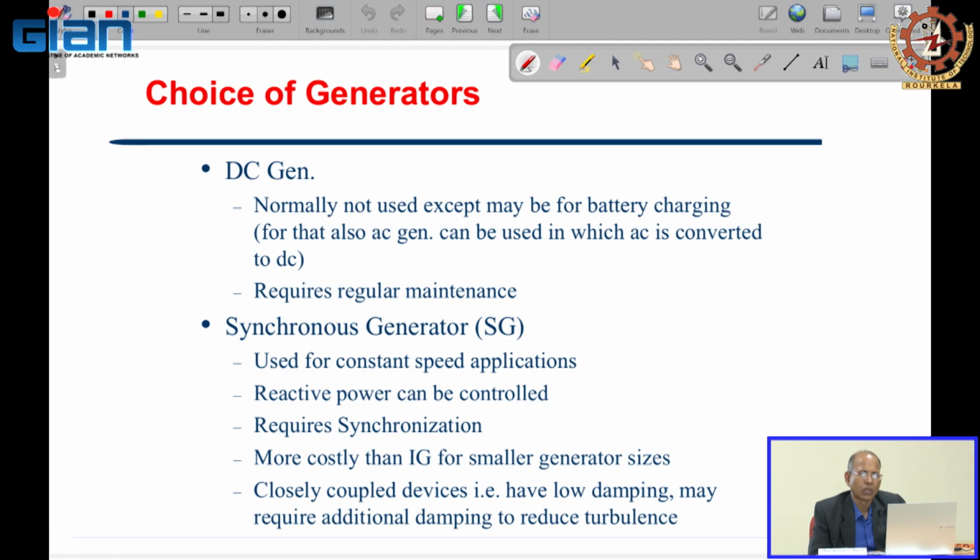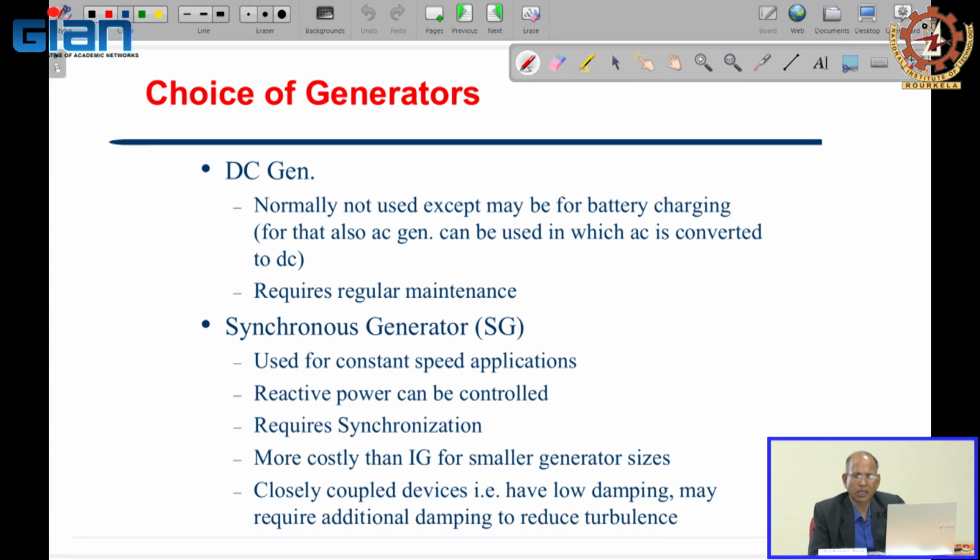In a synchronous generator, reactive power can be controlled through the field control, and of course the synchronous generator will require synchronization. If in the hybrid power system there are 2-3 generators, all have to be synchronized for a sort of local grid.